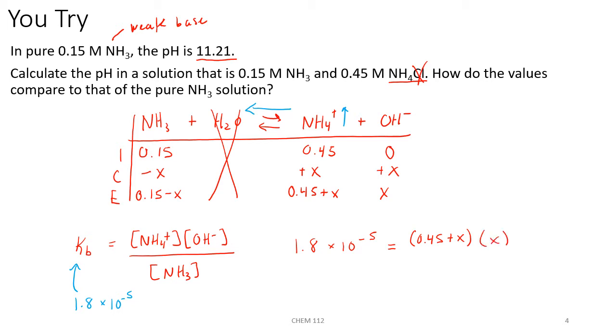We're going to have x for our hydroxide ion all over 0.15 minus x for our ammonia concentration at equilibrium. And once again, our Kb is a relatively small value, so that means we can ignore our x's that are added or subtracted. So we can ignore this plus x in the numerator, and we can ignore that minus x in the denominator to help simplify our algebra.